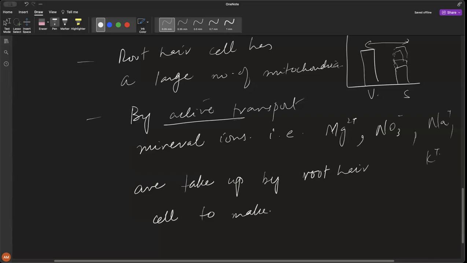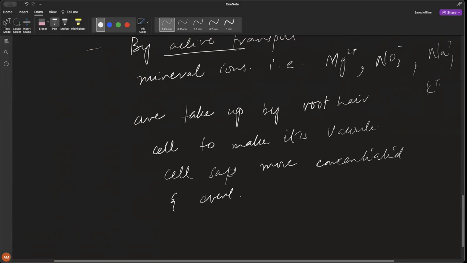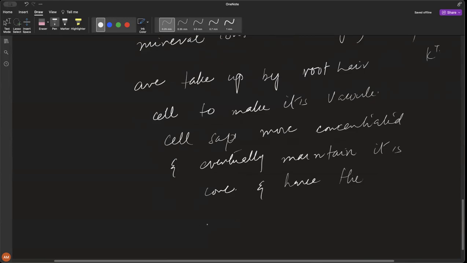to make its vacuole or cell sap more concentrated, and eventually maintain its concentration, and hence the concentration gradient, right?